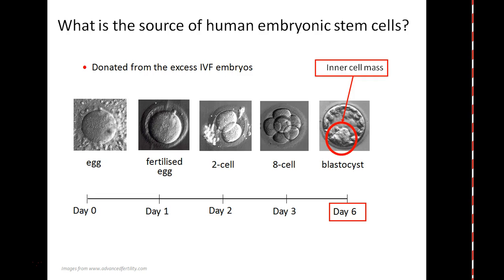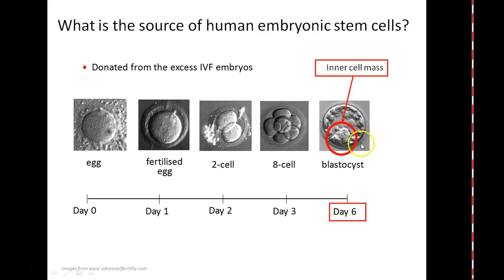They go to the clinic, then the eggs are extracted from the female body and sperm is donated, and then the process of fertilization happens in the petri dish, and it continues in the petri dish up to day 6. So all of those stages are happening at the in vitro clinic for 6 days.